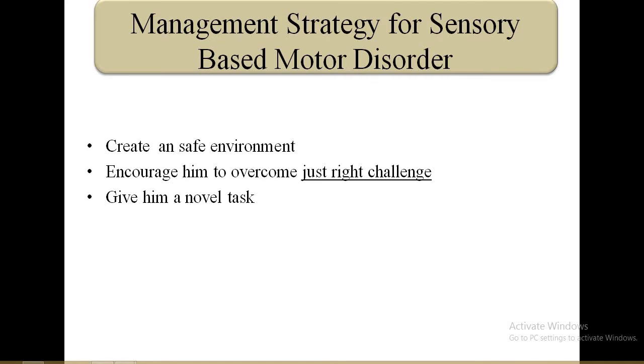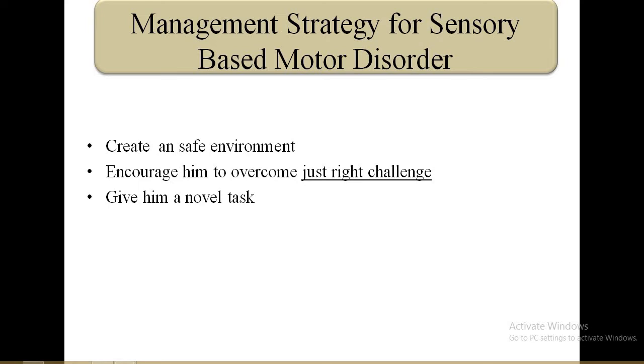If he shows a little bit of effort, he can actually overcome the challenge. You have to give him the opportunity to think and plan by himself. And if he really cannot overcome it, then you can give support by giving prompts, cues, or imitations.